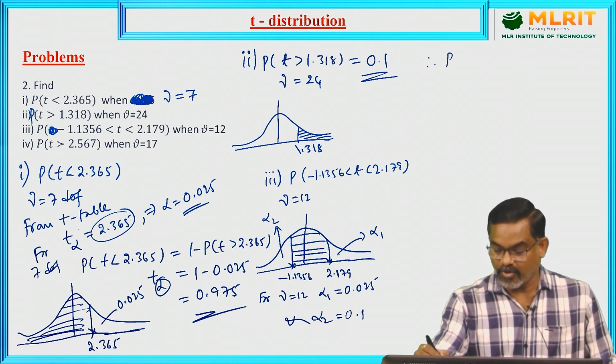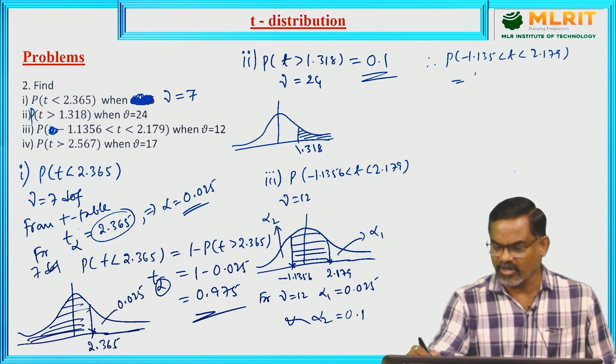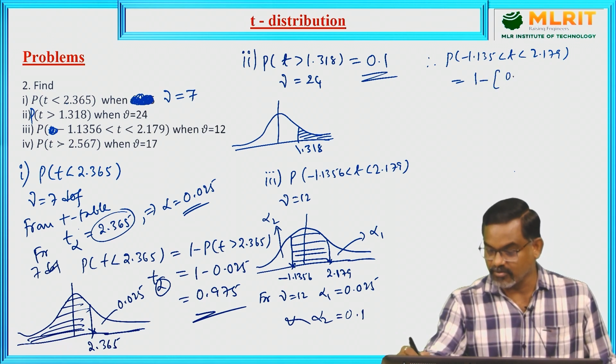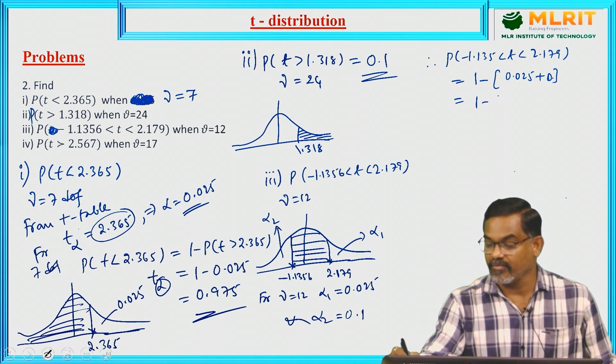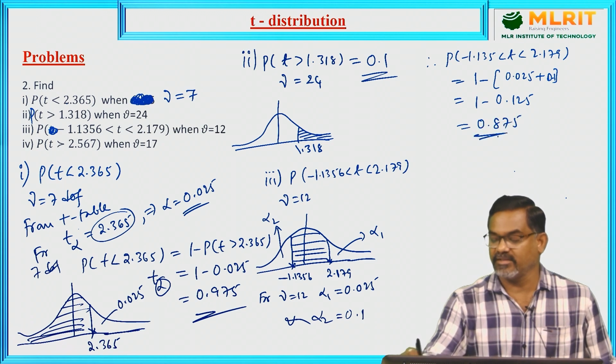Therefore, the probability of minus 1.1356 less than t less than 2.179 is given by the total area 1 minus the sum of these two values, 0.025 plus 0.1. So, 1 minus 0.125, so 0.875 is the answer.